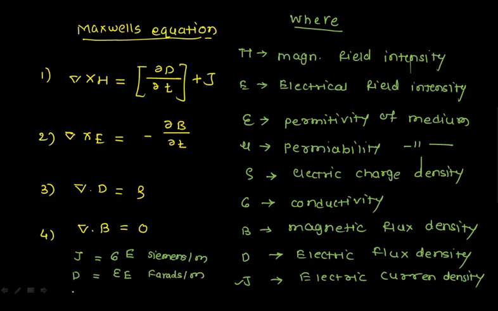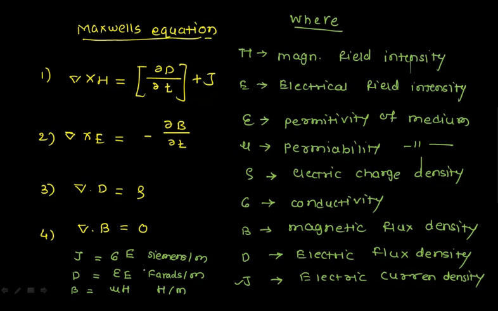And the last one is B. How you denote this B? This is the magnetic flux density, which is nothing but mu H. So mu is the permeability and H is the magnetic field intensity. The unit is Henry per meter. Okay? So I'm going to put all these values in each and every equation one by one.